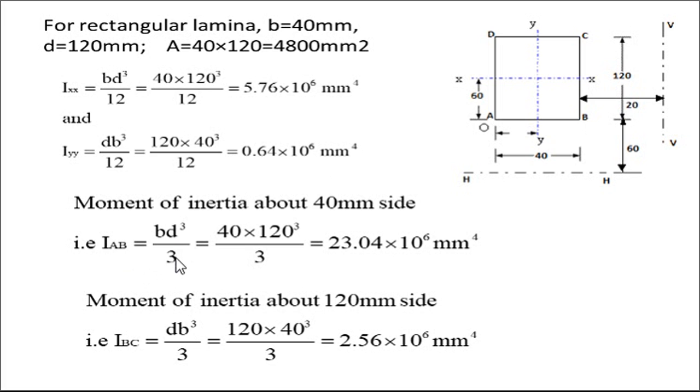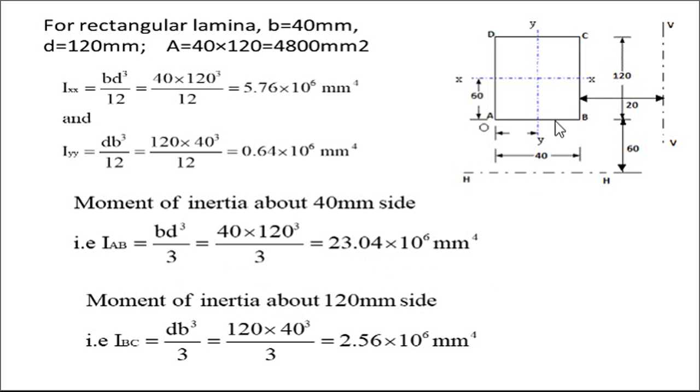IAB is equal to BD cube by 3. If you want to find the moment of inertia at the edges, the formula is BD cube by 3. B is 40, D is 120 cube divided by 3. So the value we get is 23.04 into 10 raised to 6 mm raised to 4.